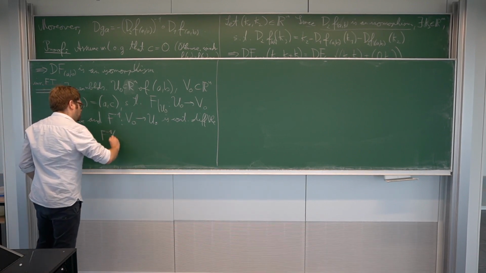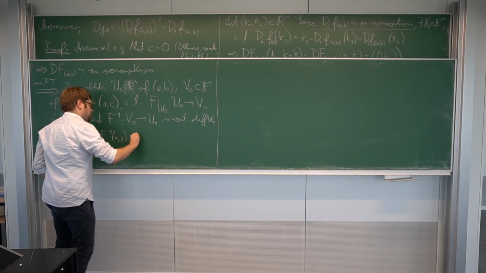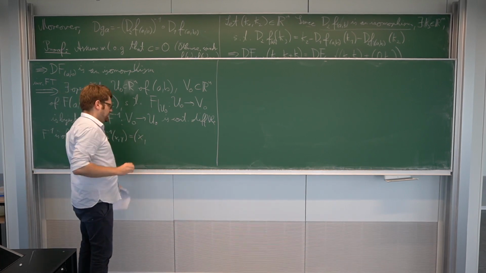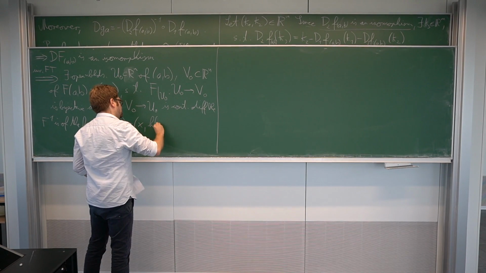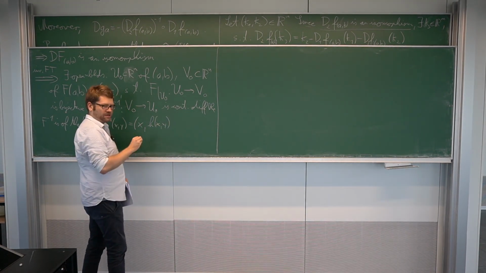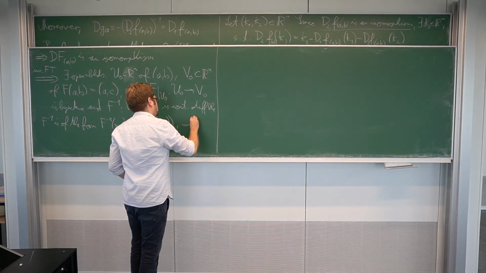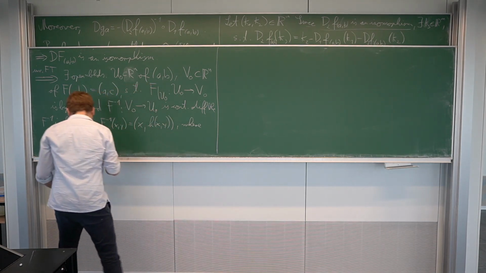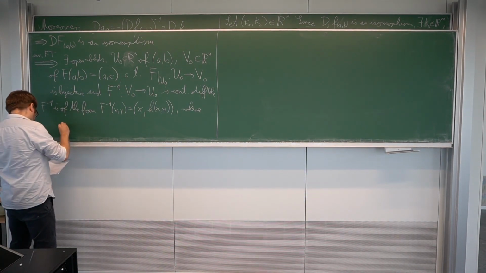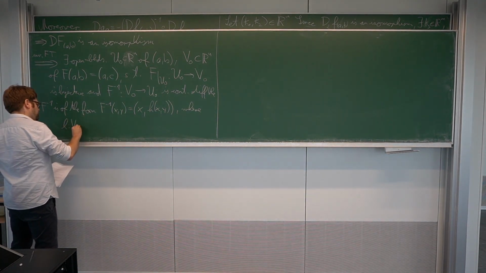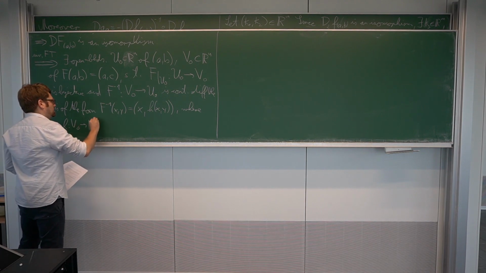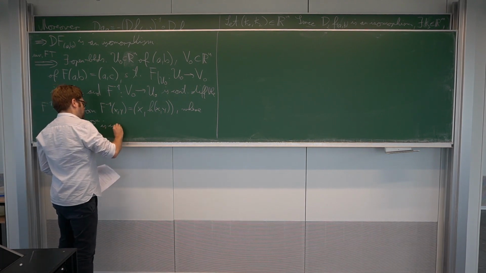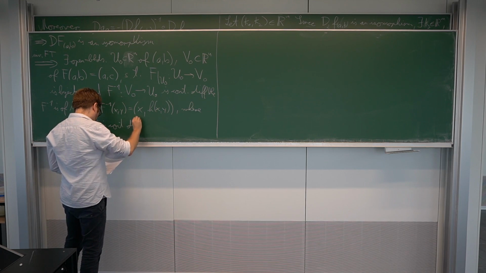F to the minus 1 of xy must also have x in the first component, and then just some map which we don't know. Let's write this as h of xy, where h from v0 to Rm is continuously differentiable. We don't know more about that.